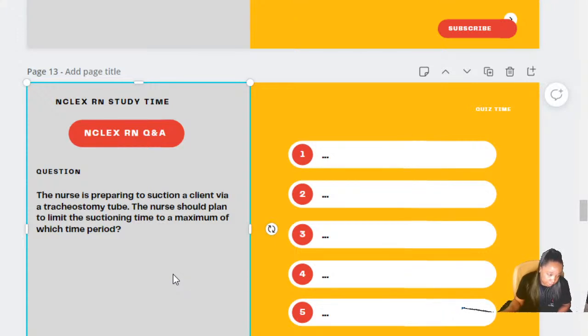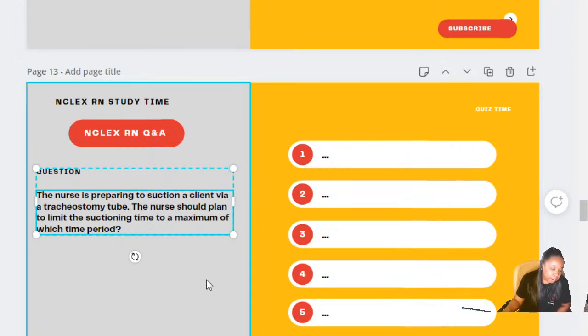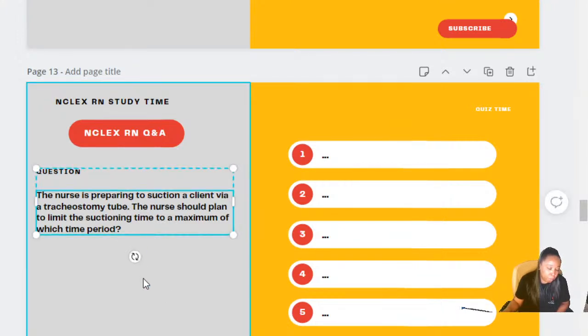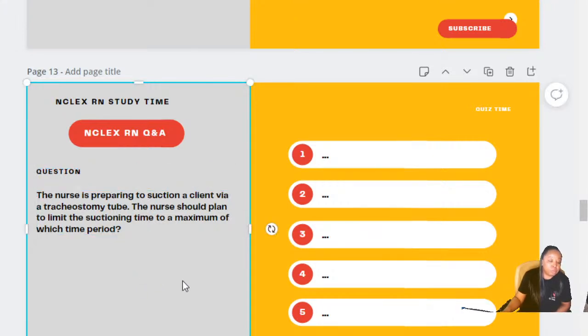You need to know that, because if you suction the patient too long, you can cause the patient to have tachycardia, and to have SOB, shortness of breath, and all this stuff. So this is an emergency. This is a life-threatening situation.